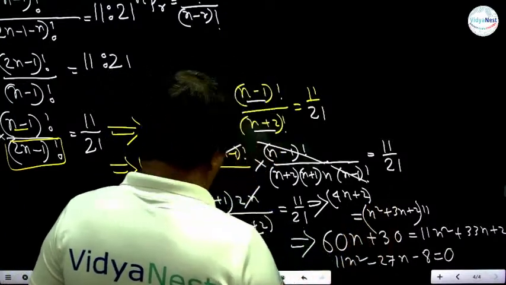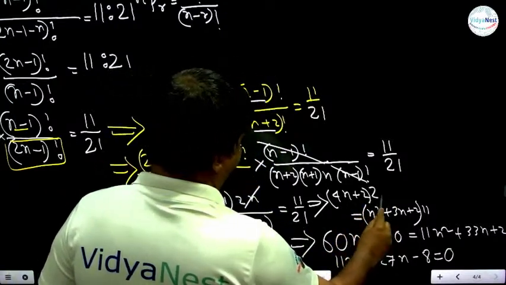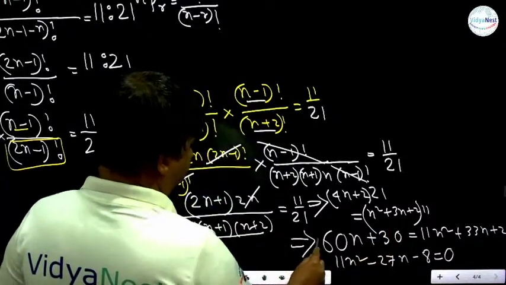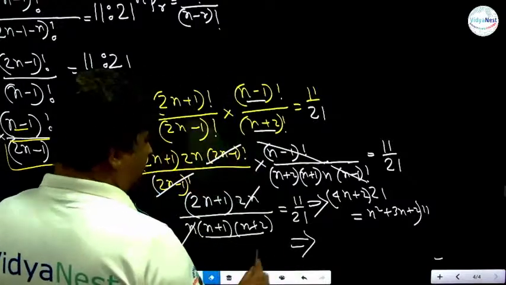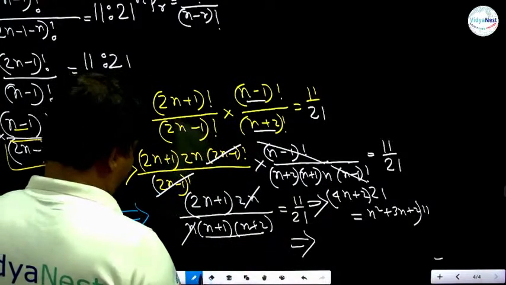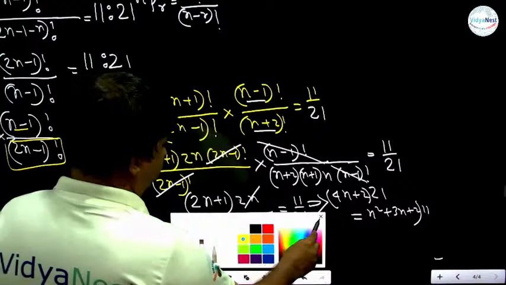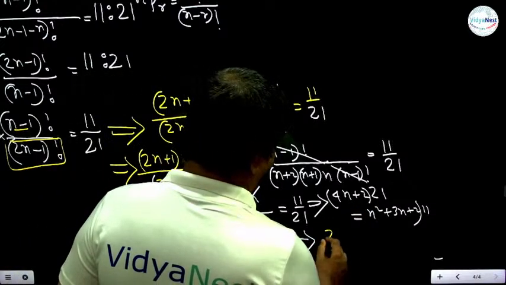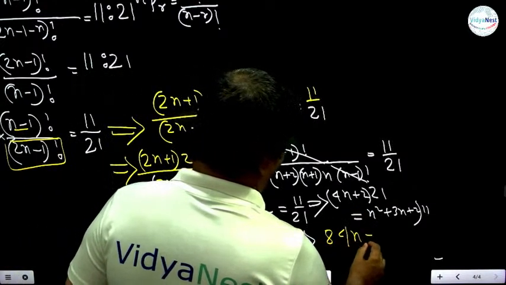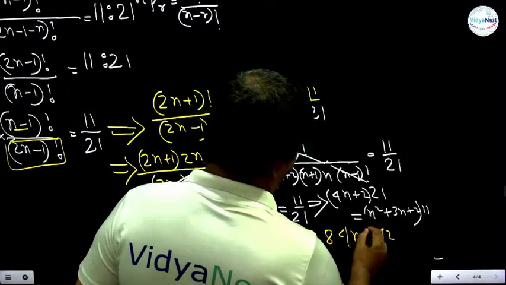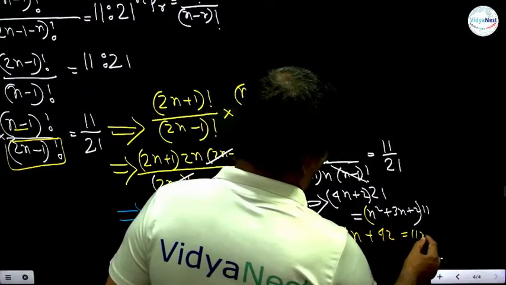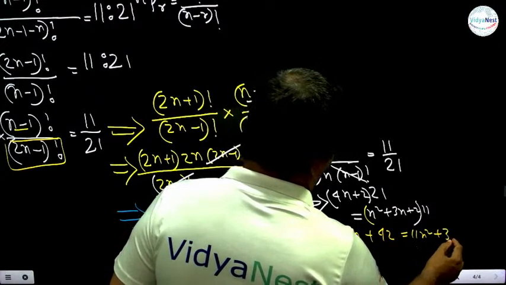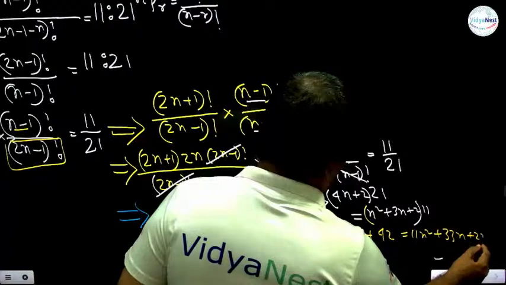So you observe the multiplication. See, 84n plus 42 is equal to 11n square plus 33n plus 22.